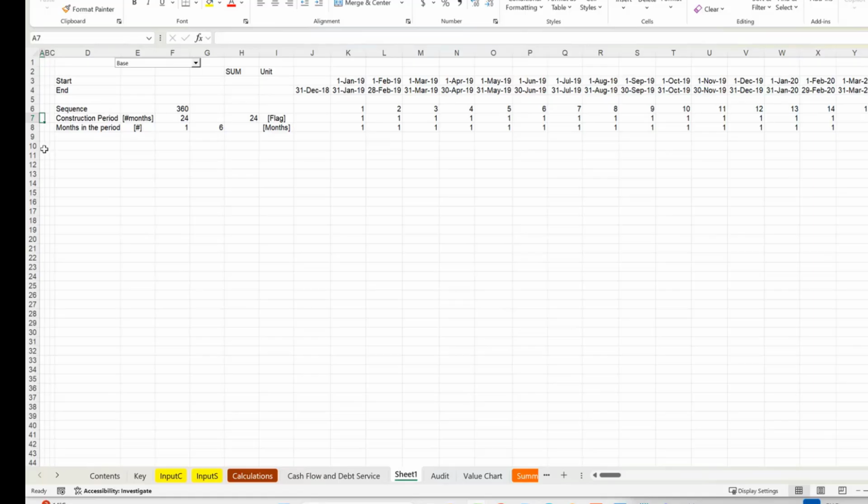Maybe just put some CapEx in there. Go to maybe column B and put some CapEx, revenues and expenses.